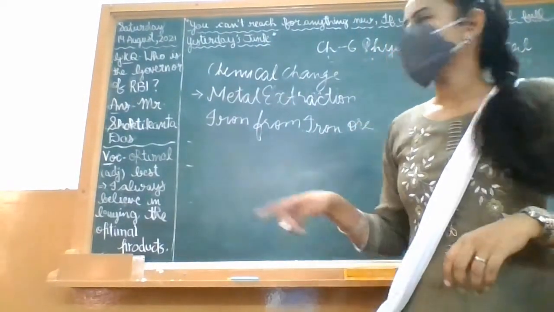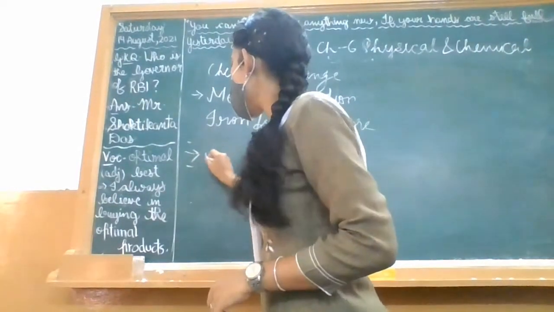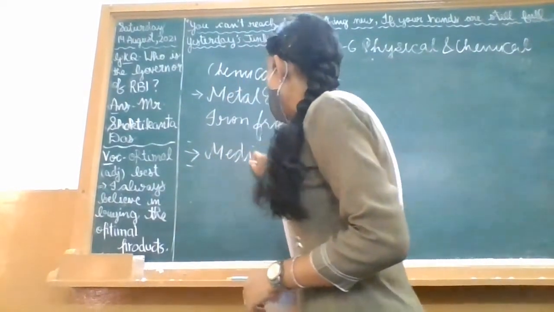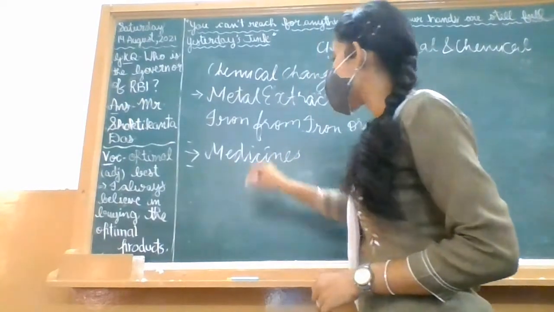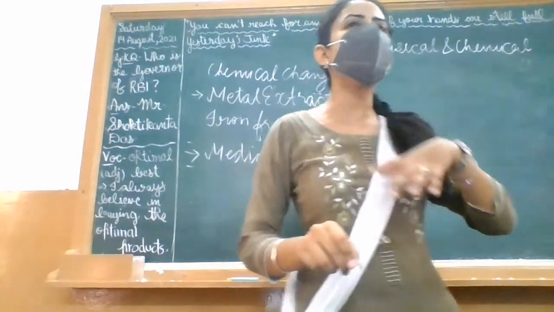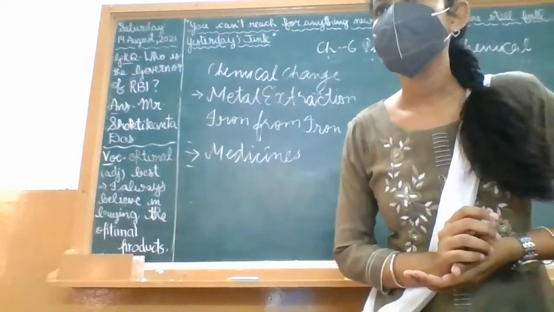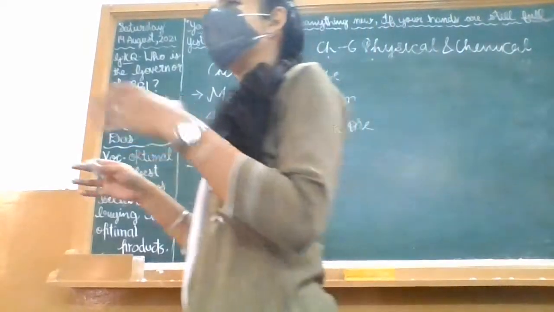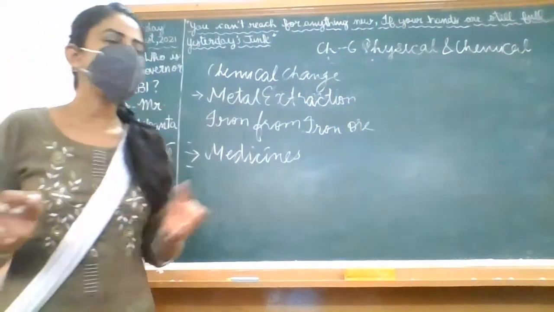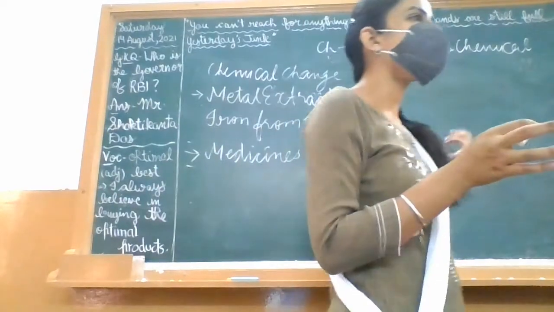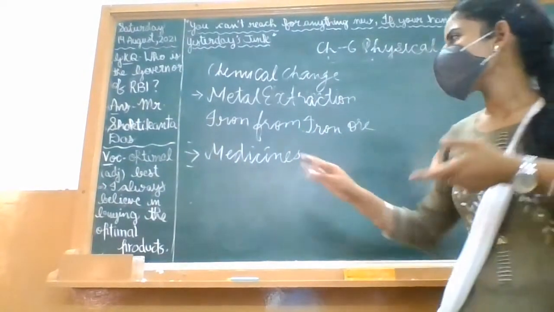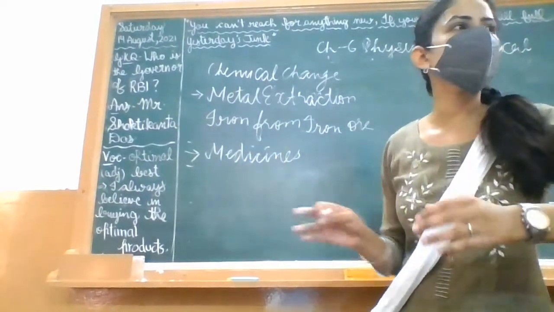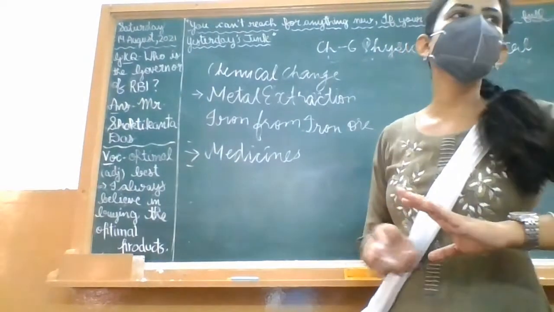Okay, and the next is medicines. Medicines are chemical substances, and these are formed by chemical reactions. Clear that these are not available naturally. So we have to make them in the chemistry lab. Okay, so these medicines are also made due to chemical reactions.